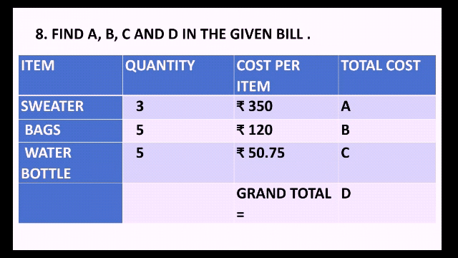So that means A, B, C and D you need to find out. You know the procedure, so you have to do it and answer it. I will not explain the procedure, but one thing I need to mention: whatever workout you do for this question, you need to show it in your answer.